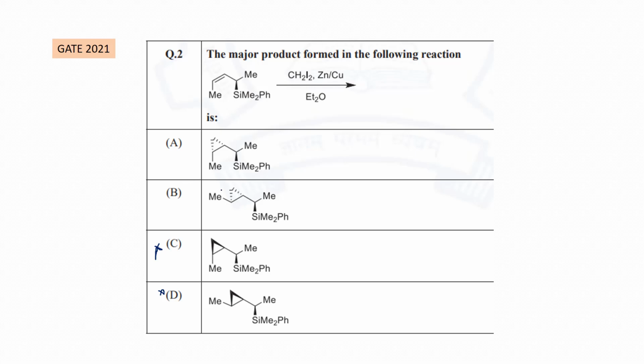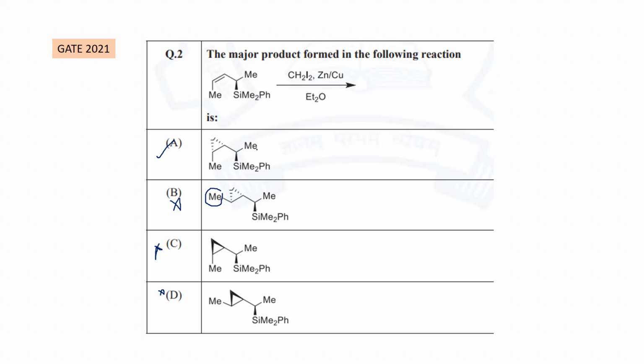Here the methyl group changes its orientation from E to Z, so that will not be our product. Which one will be our product? Option A. The substrate and product look totally similar, just with the formation of a cyclopropane ring, opposite to the silicon group because it does not have any coordinating property.